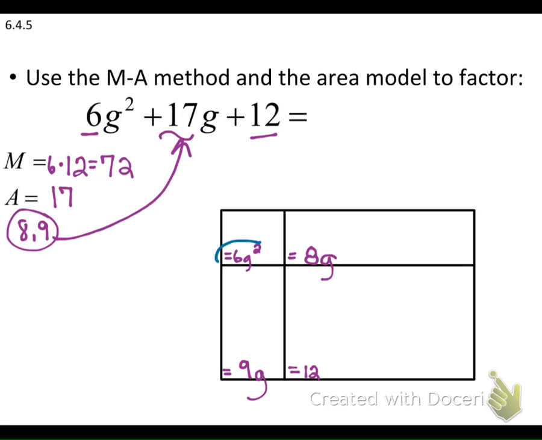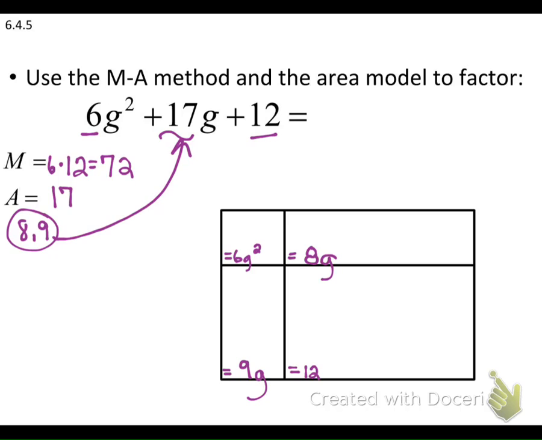Find the greatest common factor of the top row here. So we need to find the greatest common factor for 6 and 8. Because they are smaller numbers, we don't necessarily have to use a factor tree. You can think, what's the largest number that 6 and 8 can both be divided by, and if you don't know that, then use your factor tree.